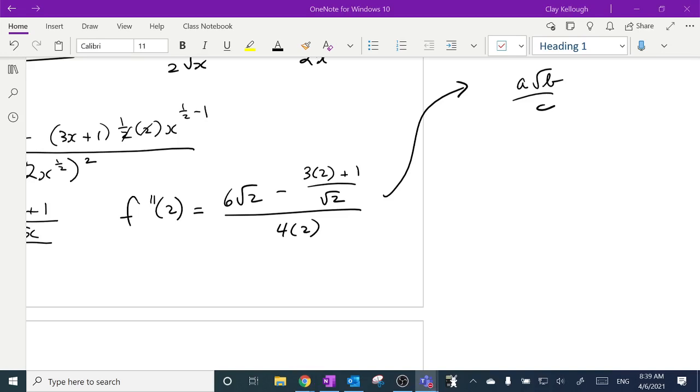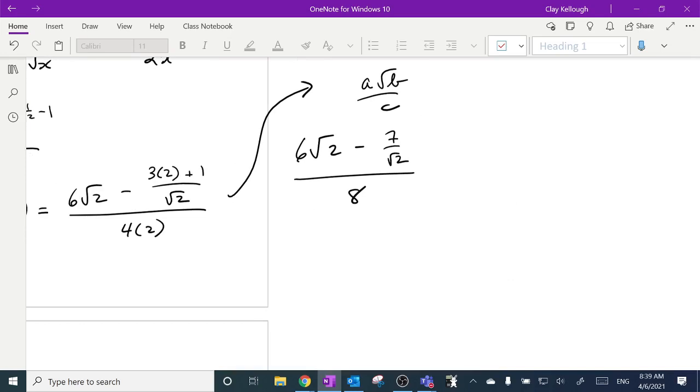Back to that. All right, did you get there? So let's see, what should I do first? How about I'll just say that that's 6 root 2 minus 7 over root 2, and 8. All right, we need to combine this numerator into one single radical and one single expression that isn't a fraction. So I'm going to times this by root 2 over root 2. And that's going to give me 6 root 2 minus 7 root 2 over 2, over 8.